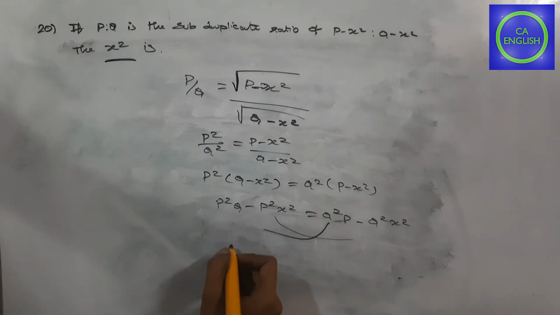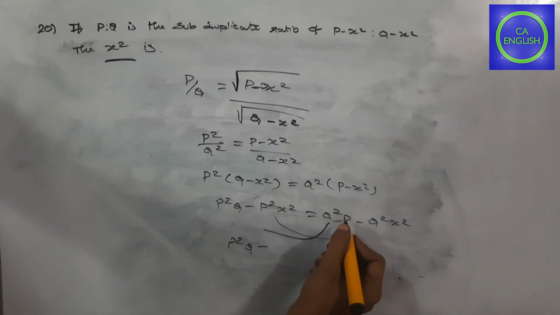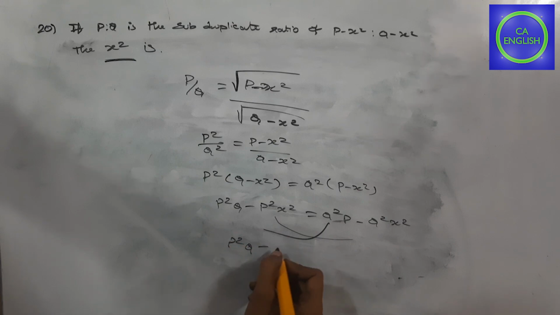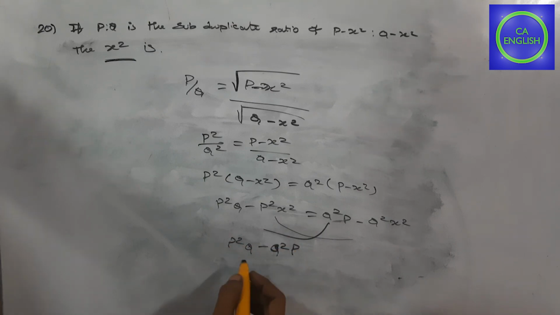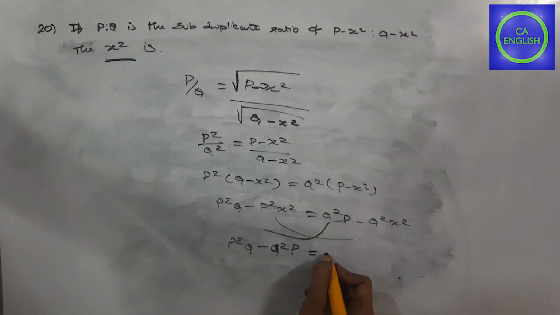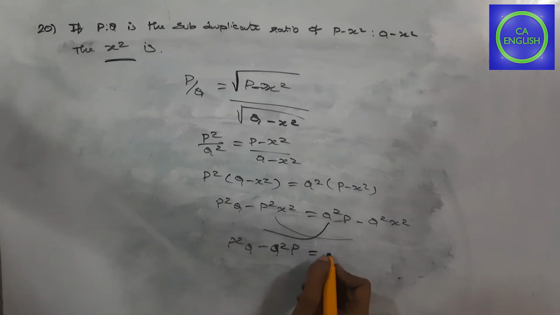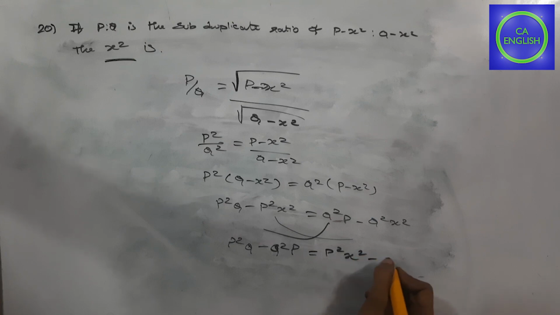P square q, the term is positive here, in the opposite side it will go to negative. P square q minus q square p equal to, here is a negative sign, in the opposite side it will have a positive sign, p square x square minus q square x square.